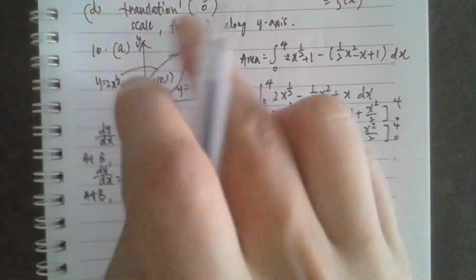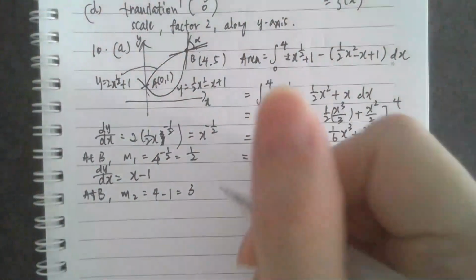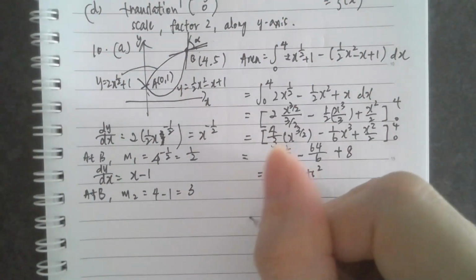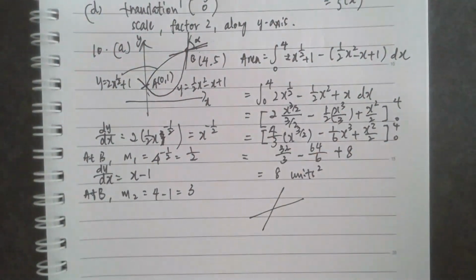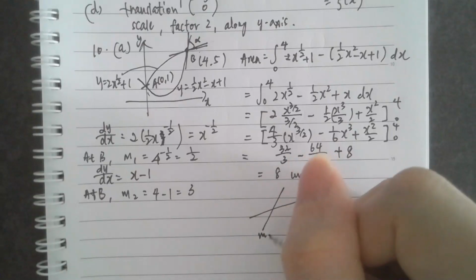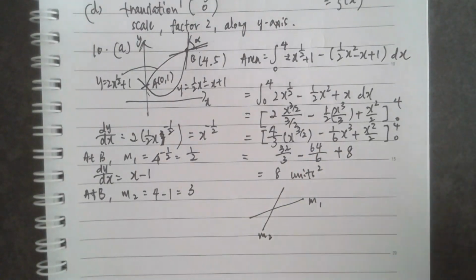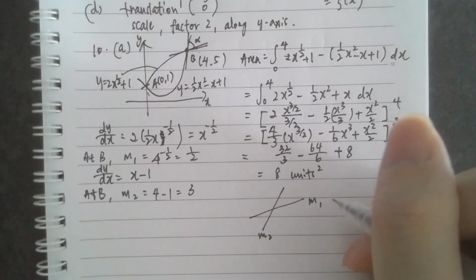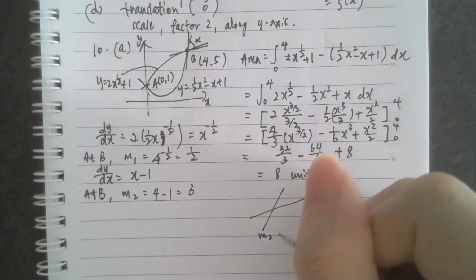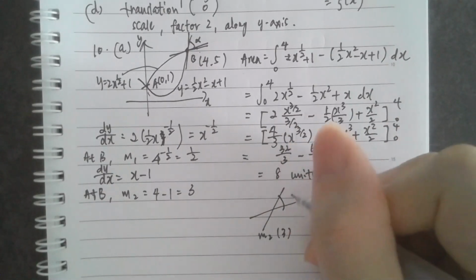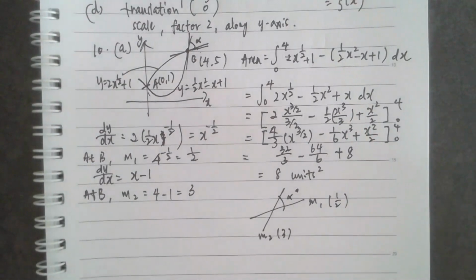So we have the gradients of these two lines. Just focus on the two lines like this. This is M1, and this is M2. So this has a lower gradient, which is half, and this has a higher gradient, which is 3. The angle in between is alpha.